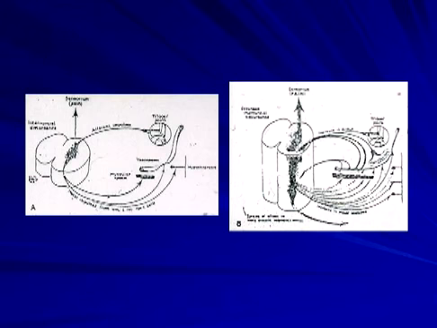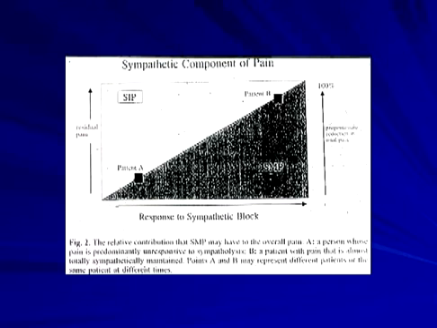Okay. Now, the sympathetic component of pain, response to sympathetic blocks: sympathetically independent pain and sympathetically maintained pain over here. So this patient who has a sympathetic block may not respond and have more sympathetically independent pain and would be in this category.